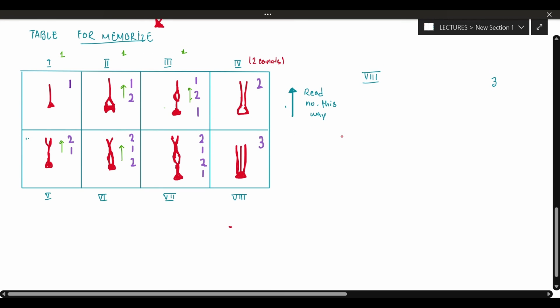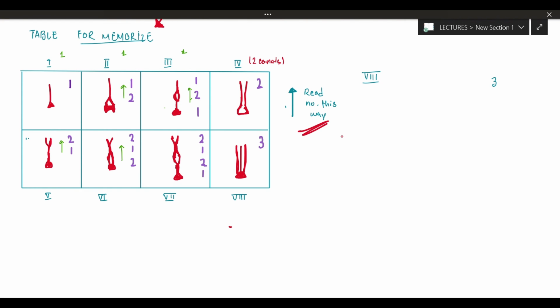In one classification. So to read this table, I would suggest that you read this way, okay, in the direction from down to up, and it will be very easy for you guys to memorize this table. So class 1, one canal leaves the pulpal chamber, exits the apical foramen.